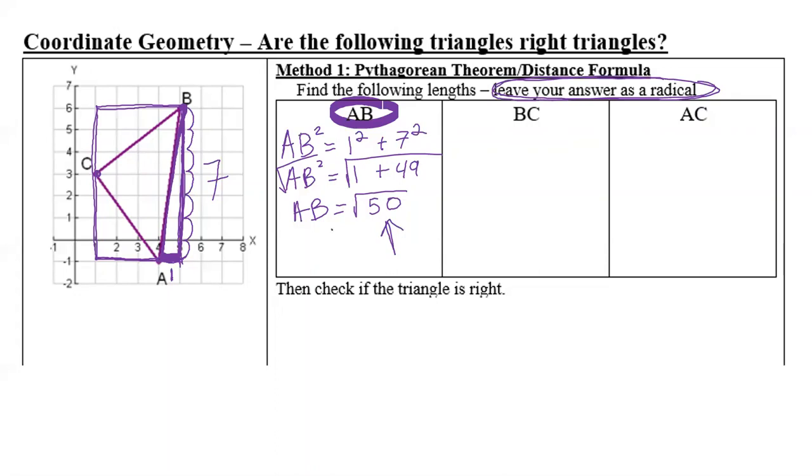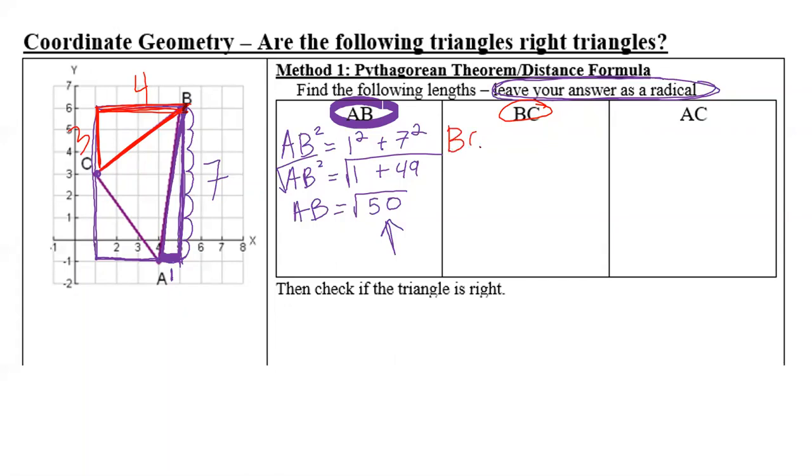Okay, so now we're going to do the next one, BC. So BC, we go up here, over here, and down. This side is 3, and I count this side is 4.